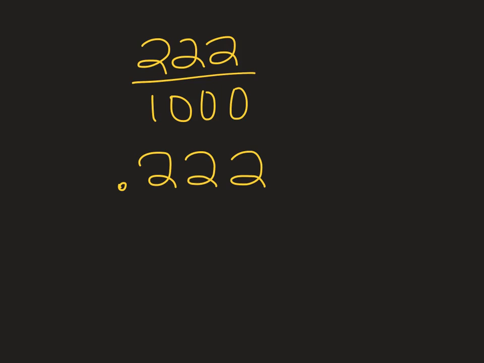If you remember from our place value chart, this is the tenths, the hundredths, and the thousandths. So wherever that last number lands is what I say is my decimal, 222 thousandths.